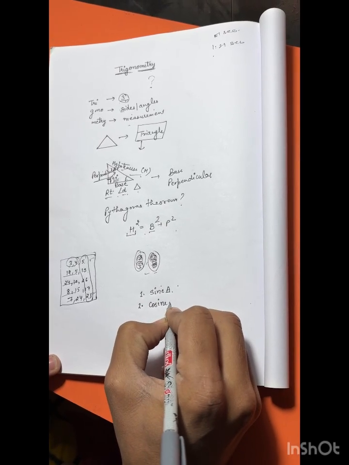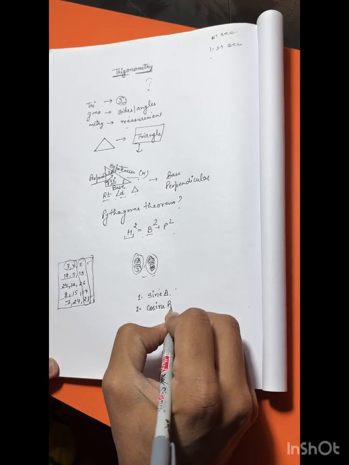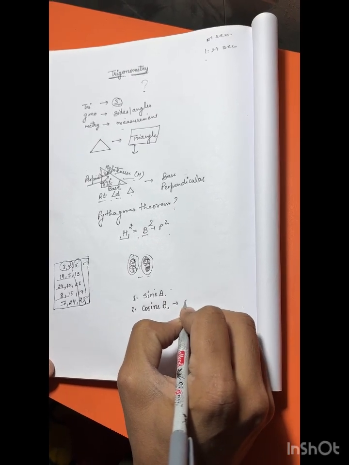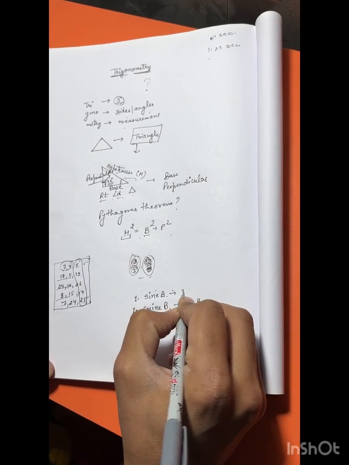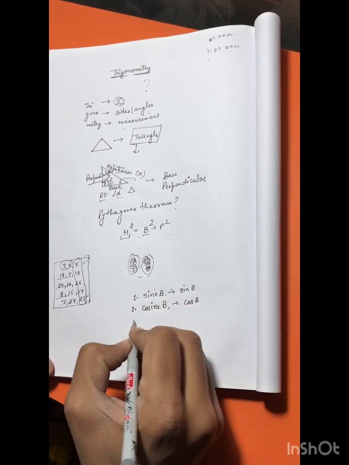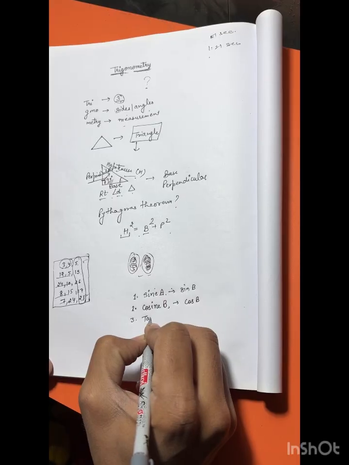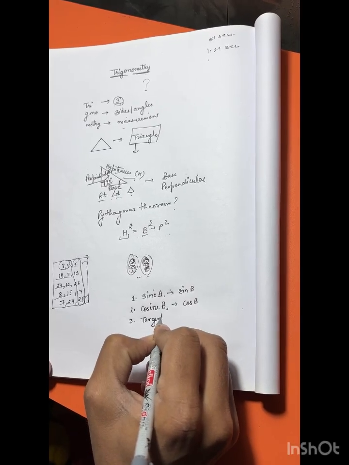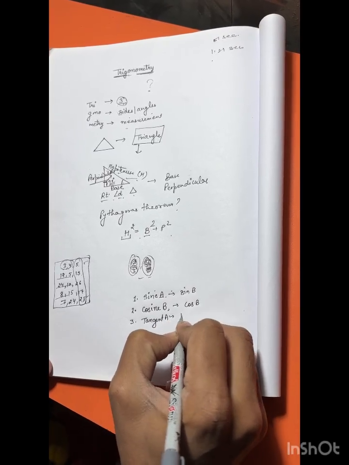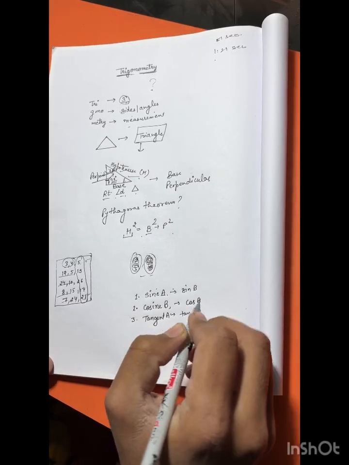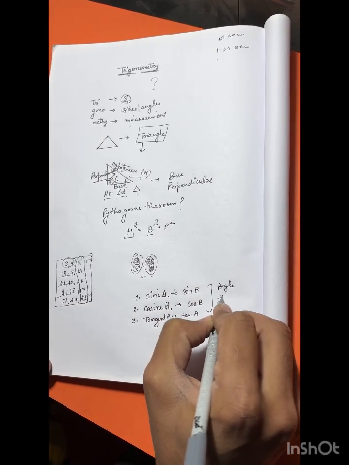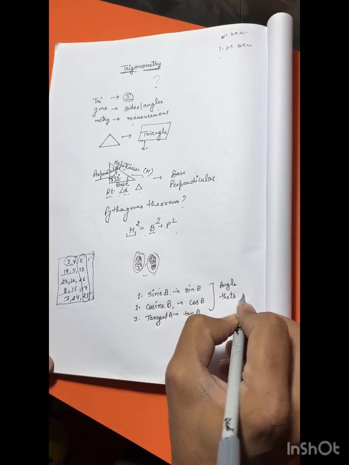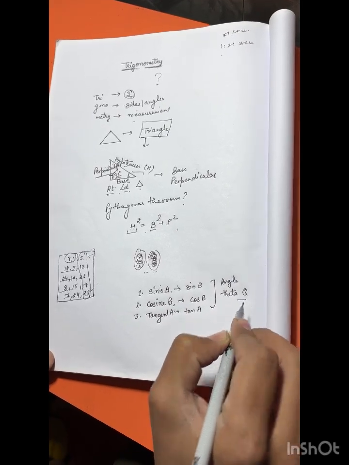We will write any angle with it like B, but we can pronounce it in short as cos B, or we can write it as sine B. Next, tan B, tangent. In short, we can say it as tan A. Or we generally use the angle theta, whose symbol is like this.